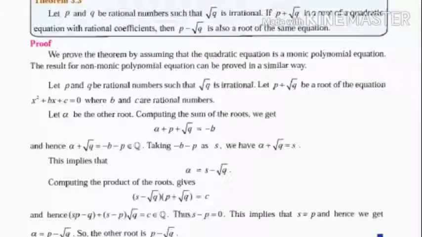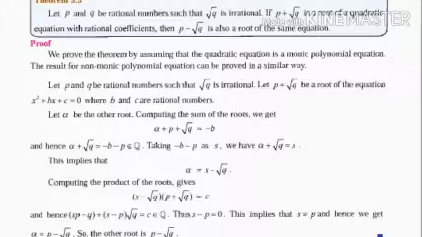Next theorem: let p and q be rational numbers such that root q is irrational. If p plus root q is a root of a quadratic equation, here we do not have a real part and an imaginary part. Instead, we have one value rational and another in the form of a root, that is irrational.